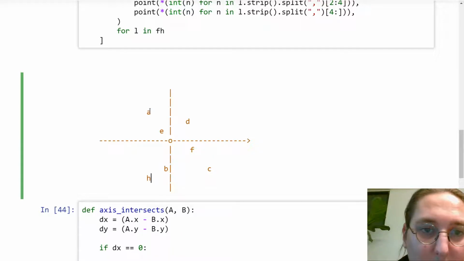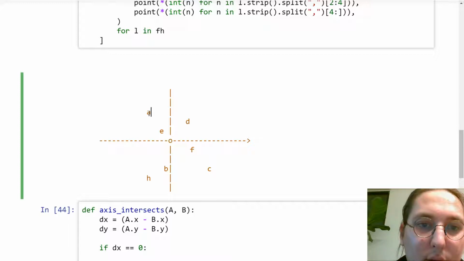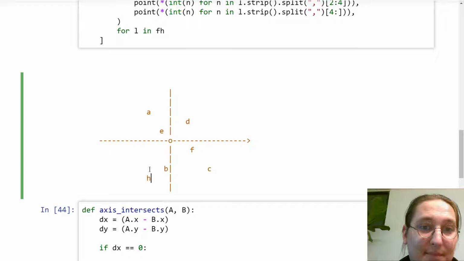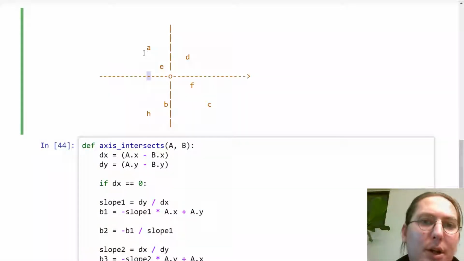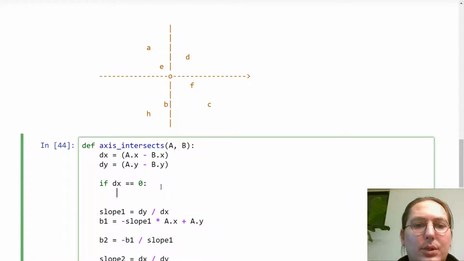So h is directly below a, therefore the slope is infinite because the difference in x from a and b, so ax and hx, are the same. But the crossing is at a dot x, comma 0.